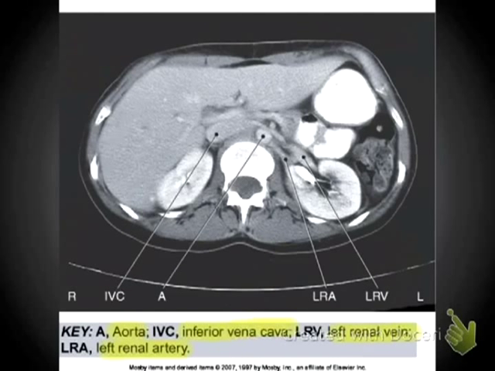Okay, on this image, we still have the liver in the field of view. We have the inferior vena cava, the aorta. We are having both kidneys come in, so we're around L1 at this level.